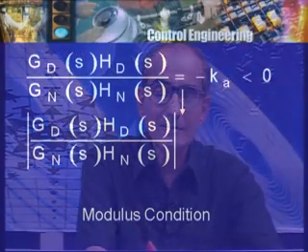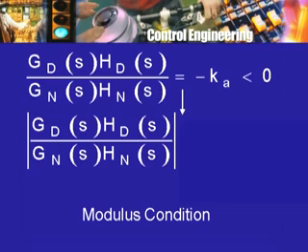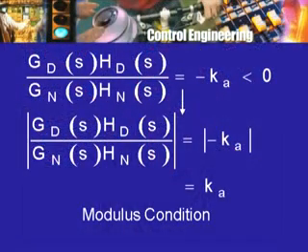So that being done, then from the condition that we have, the complex number GDS HDS divided by GNS HNS equal to minus Ka, which is real and less than 0, we get the following two conclusions. If I take the modulus of this big complex number, then this modulus is simply equal to the modulus of minus Ka, but the modulus of minus Ka is simply Ka.